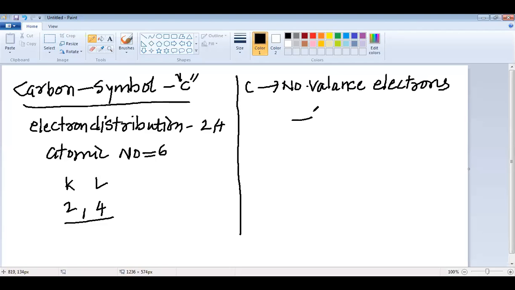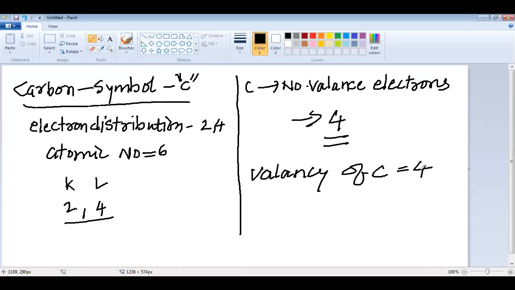So we can say that the valency of carbon is equal to 4.